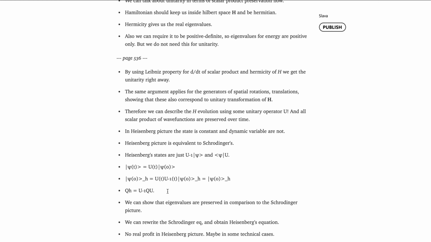Because we have interaction between the wave function state and observables here, and they live in different spaces, so probably I need to think more about that. It seems that it has some connections.